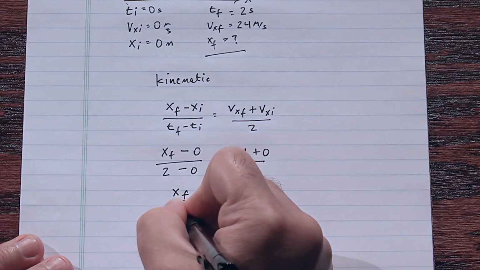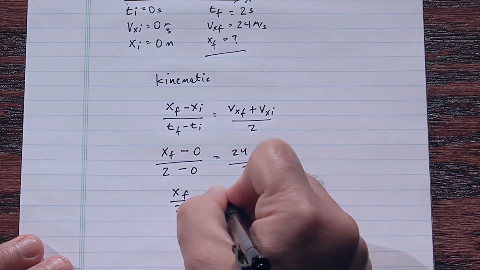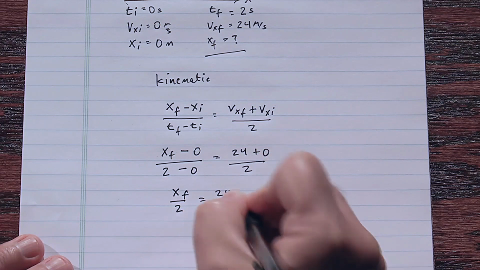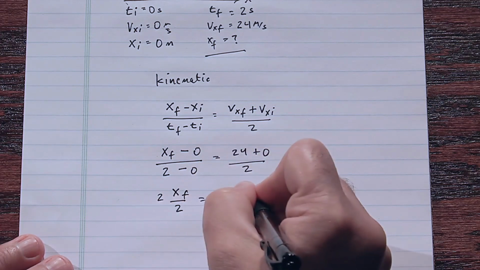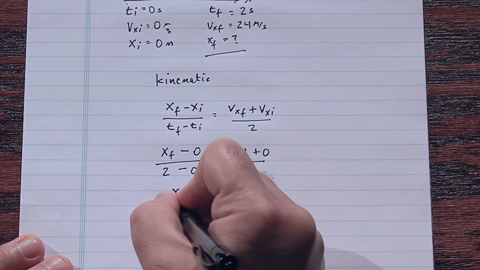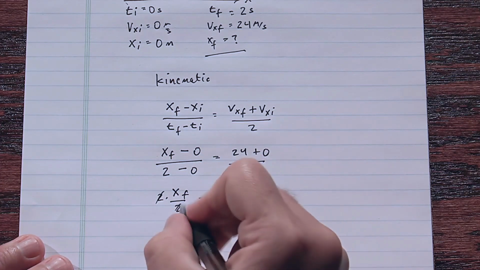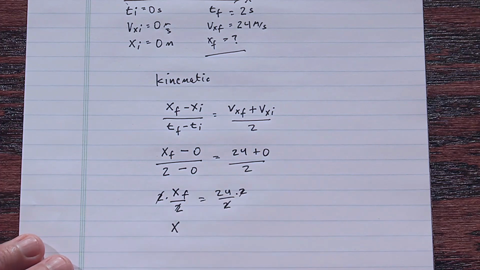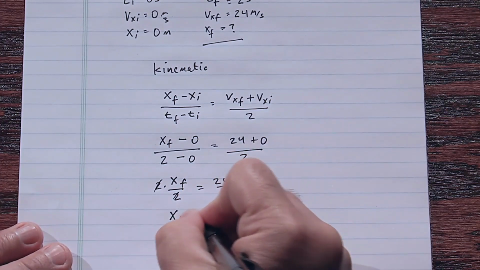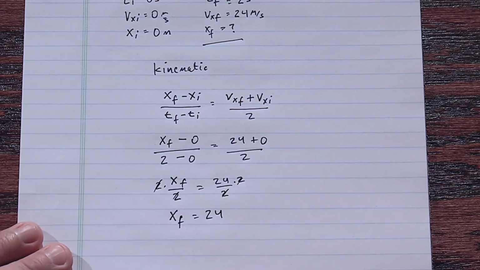divided by 2 equals 24 divided by 2. And I can multiply both sides by 2. Cancels out my 2 there and my 2 there. And we see that x final is equal to 24.